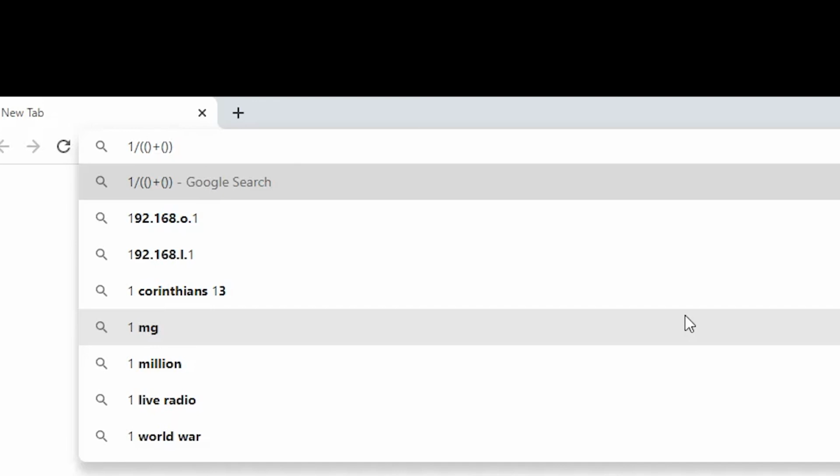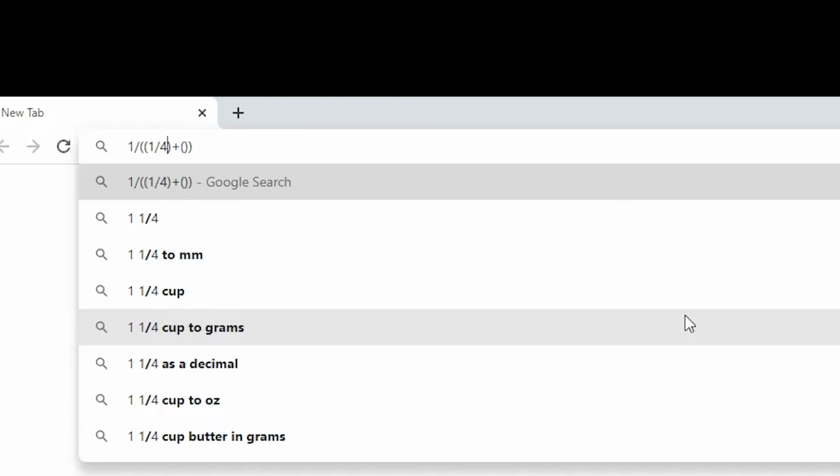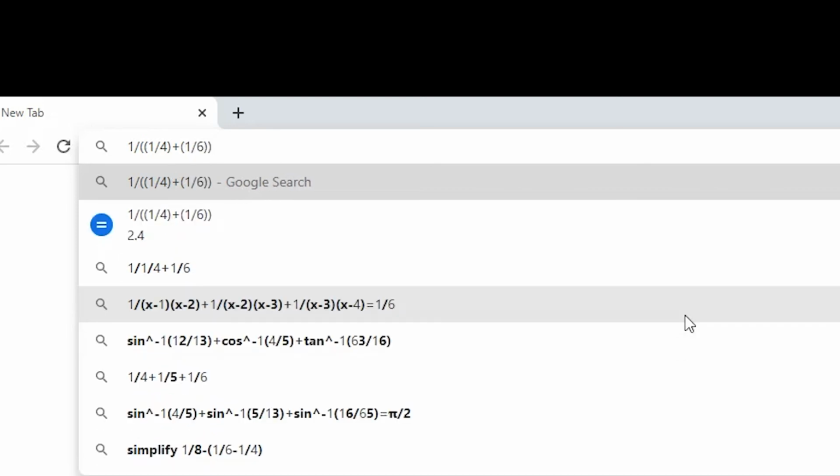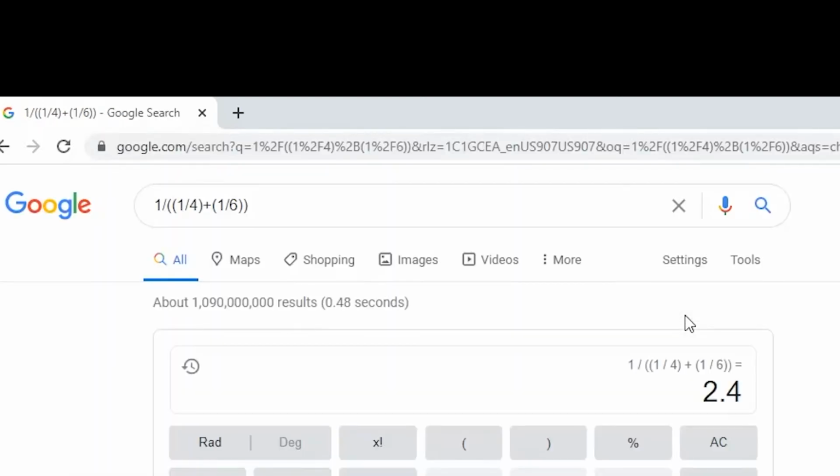And we know the first resistor was 4 ohms, so that's the denominator, 1/4. And then the second resistor was 6 ohms, 1/6. Let's take a look real quick. Bam, that's exactly what we wanted. 2.4 ohms is the total resistance using only the number of resistors that we had and their known values. Pretty simple, right?